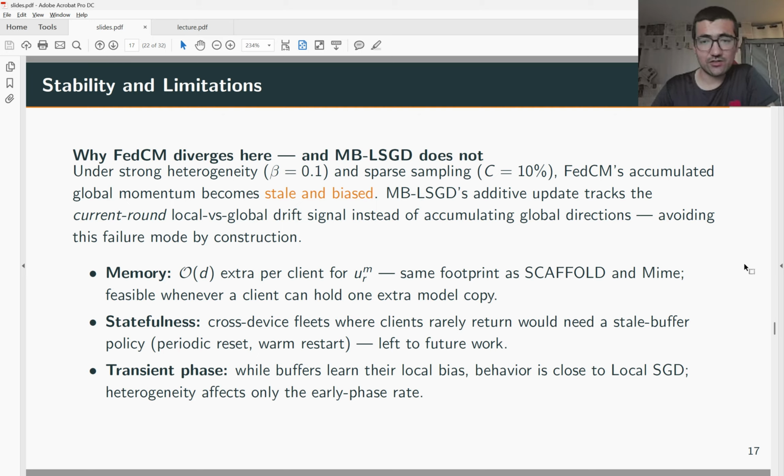So in cross-device fleets where a client may show up only once, you'd need a stable buffer policy, periodic reset, warm restart, which we leave to future work. And during the transient phase, while buffers are still learning, the behavior is close to plain local SGD.